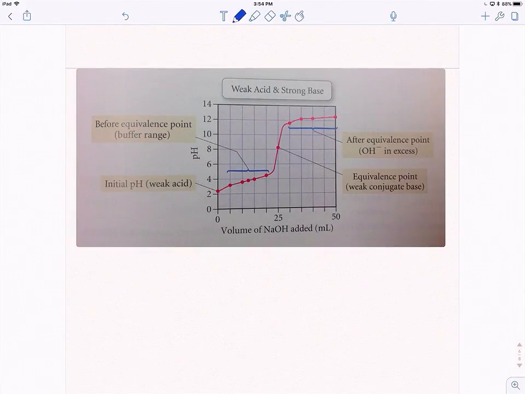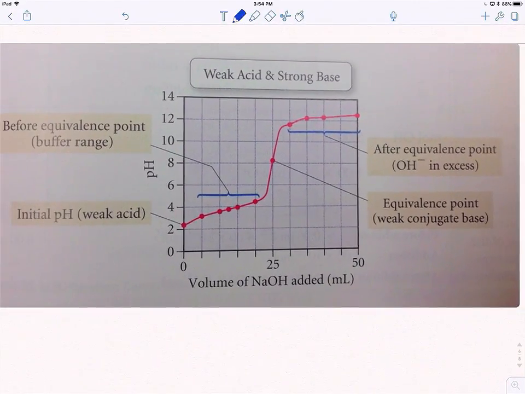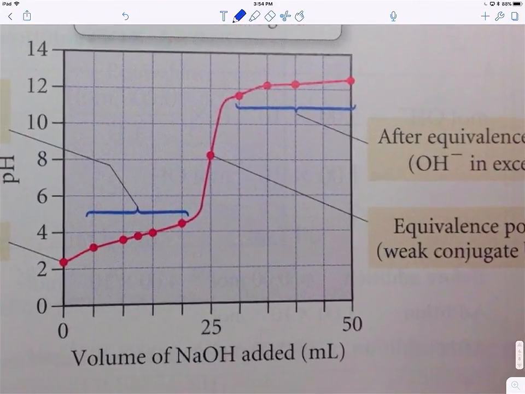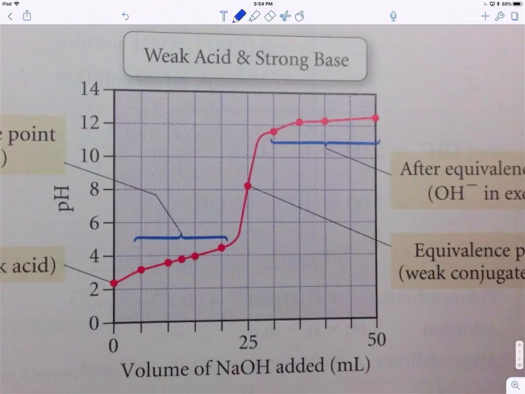Okay, so now here is a weak acid and a strong base. A couple things to note about this. Notice the pH is a little higher. It starts a little higher. It doesn't start here at 1.